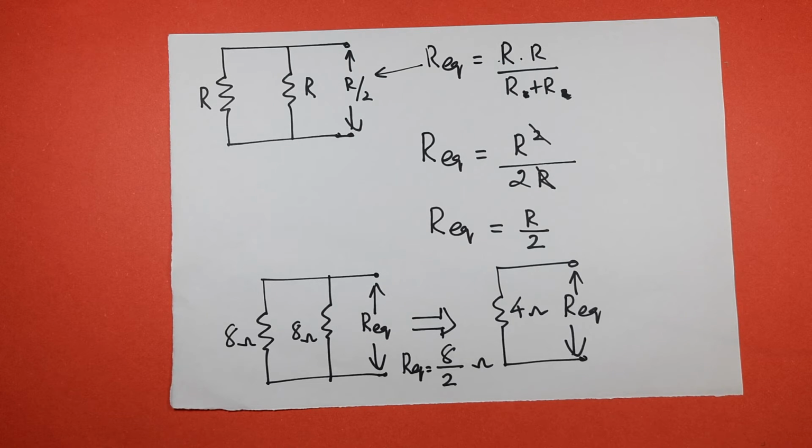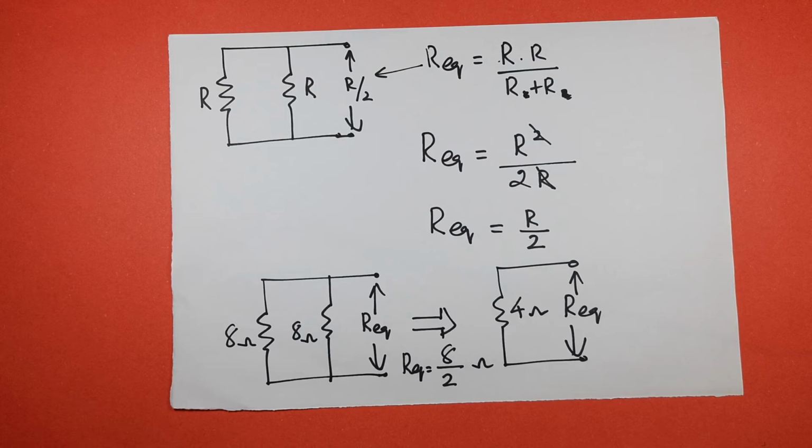Suppose I have 10 ohm and 10 ohm connected in parallel. You can immediately say the equivalent resistance is going to be 5, 1/2 of 10. Suppose 12 ohm connected in parallel. Of course, the equivalent resistance is going to be 6 ohm. So instantly you can tell the answer, right?